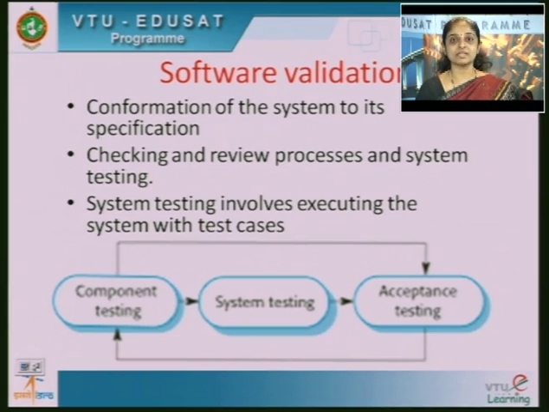Trying to give less than 10 or more than 10 forms one test case. So the test case is: give an 11 digit number as input into the telephone number field. The expected output is that an error must be given to the user saying that you have entered more than 10 digits, please check your telephone number again.